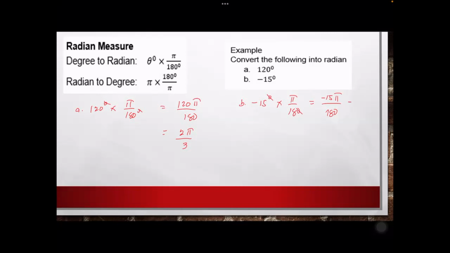So, magkakaroon ang sagot dito ng negative pi over 12 as the simplified answer. So, negative 15 over 180, that is 1 over 12. So, 1 times pi, that is pi. So, negative. Question?